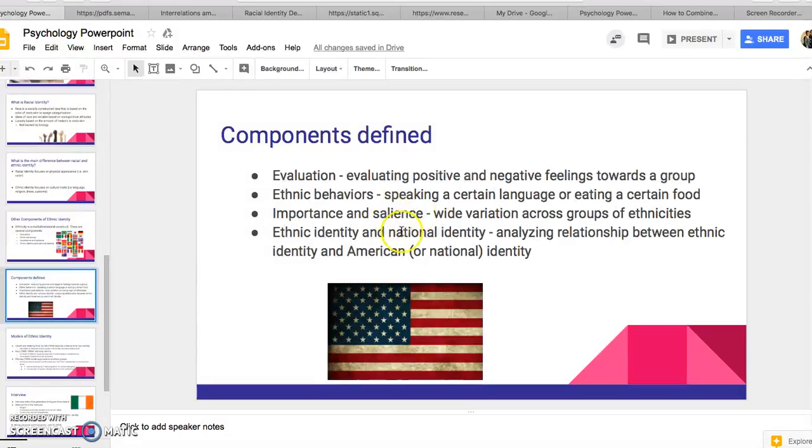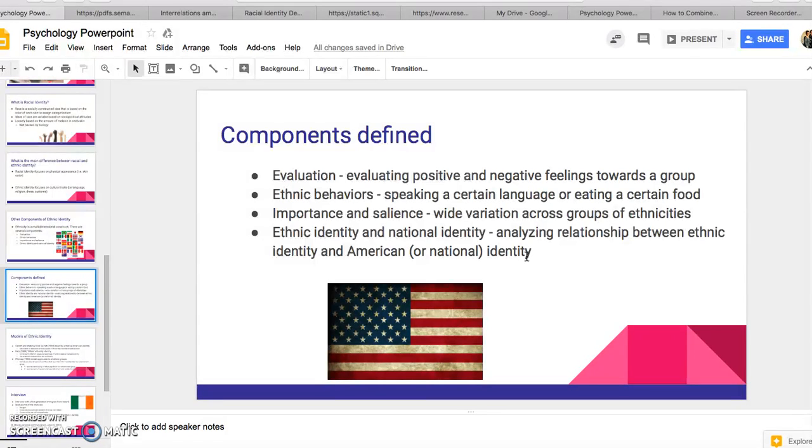And then importance and salience. This is a pretty wide variety across different groups. In one of the articles that I had used, it was talking about how minority groups typically attribute more importance to their respective group than dominant groups do.